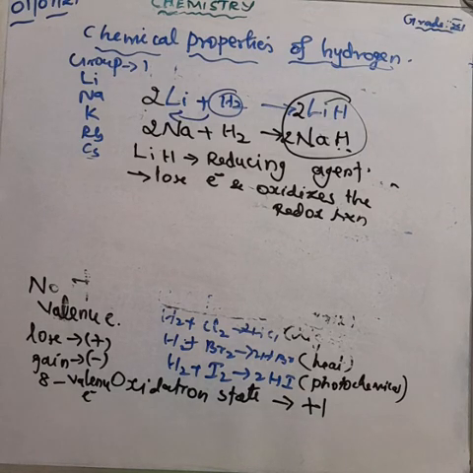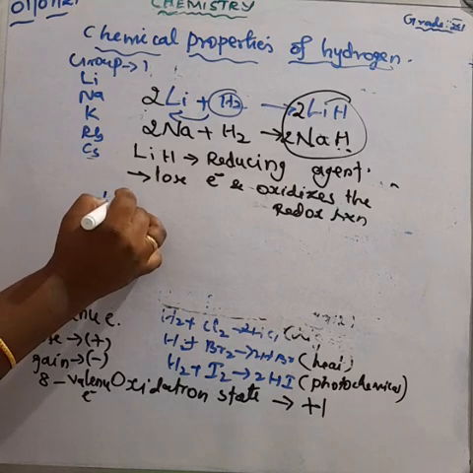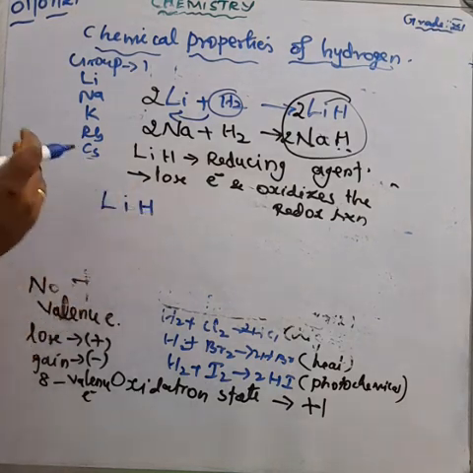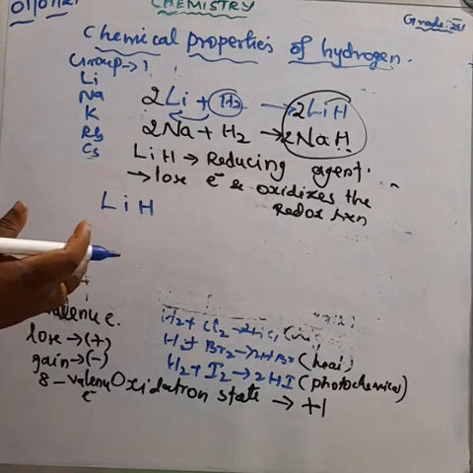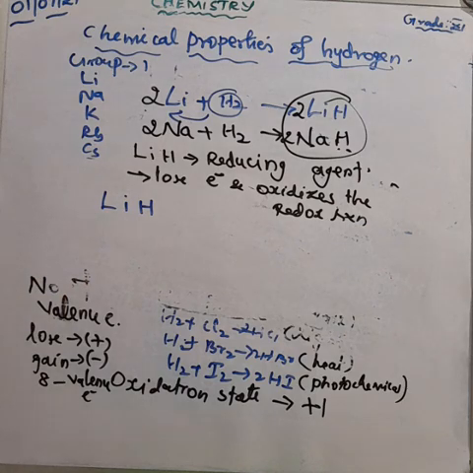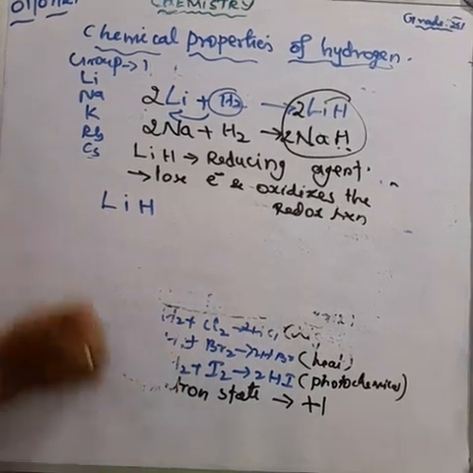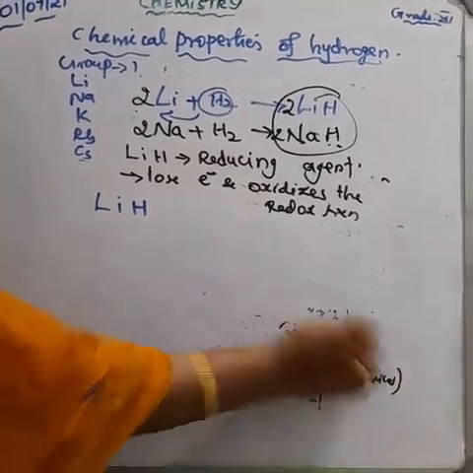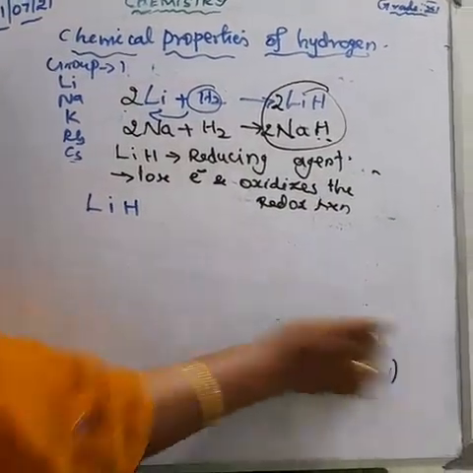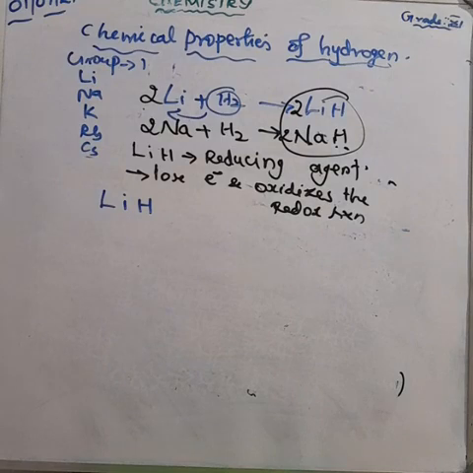Lithium hydride is used to prepare lithium aluminum hydride, and sodium hydride is used to prepare sodium borohydride. Similarly, sodium hydride is used to prepare sodium borohydride.